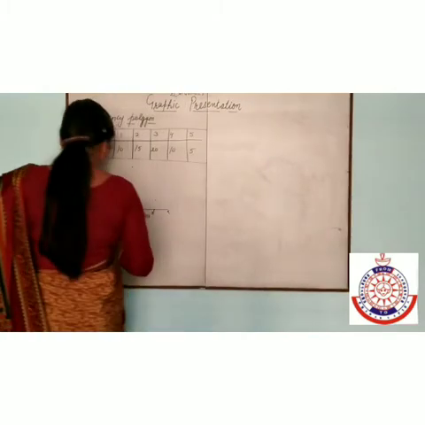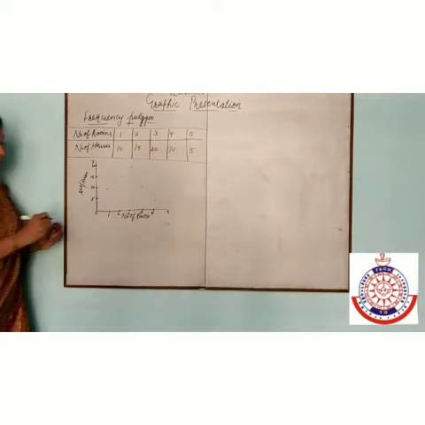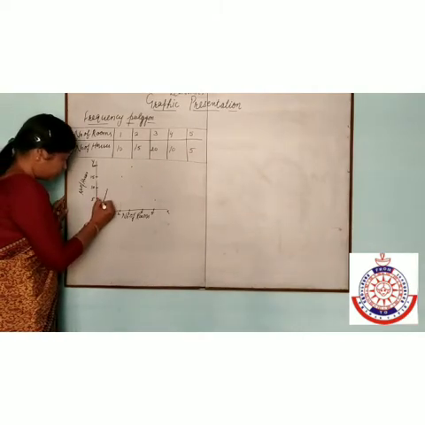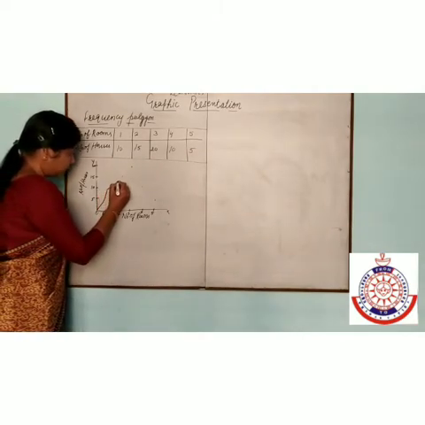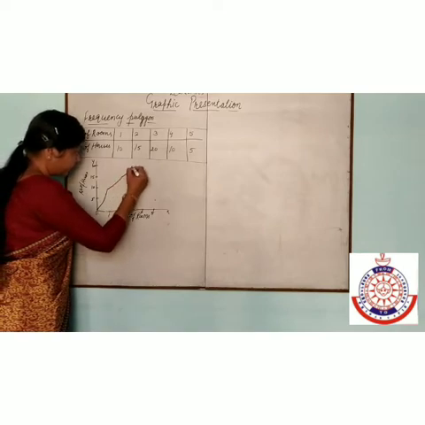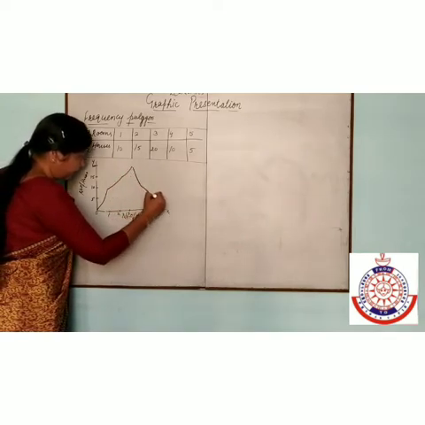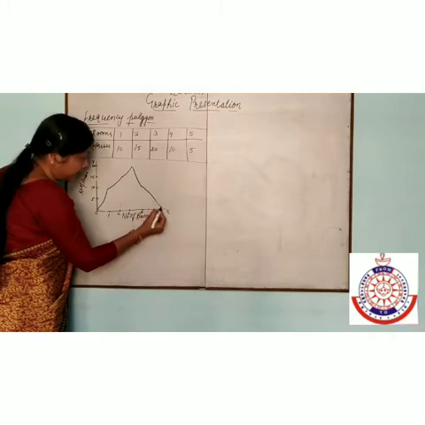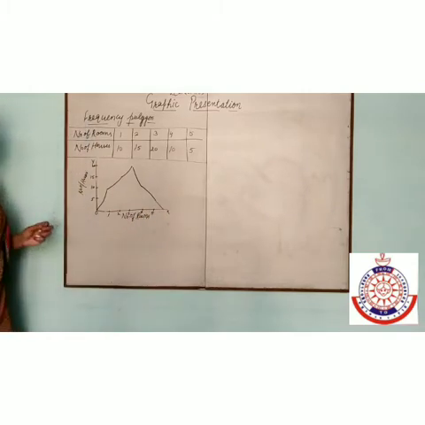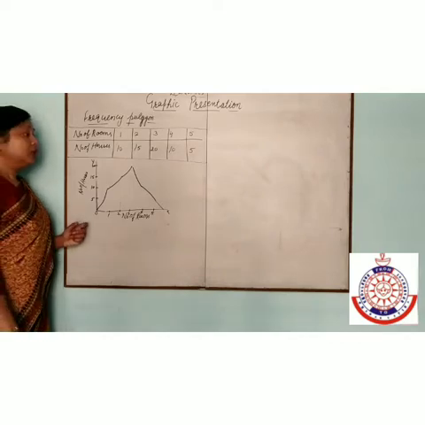We have to join all these points with a scale, and we join the last one with the OX axis. This is our frequency polygon.